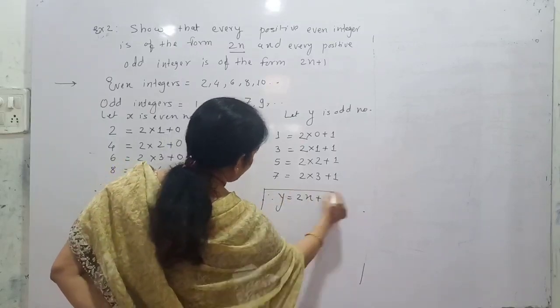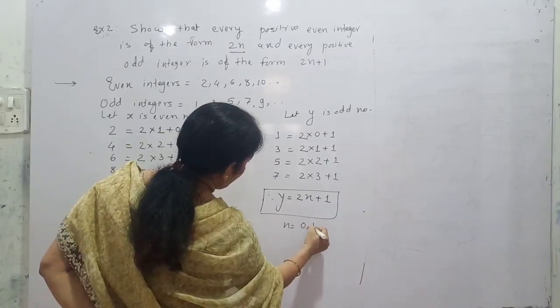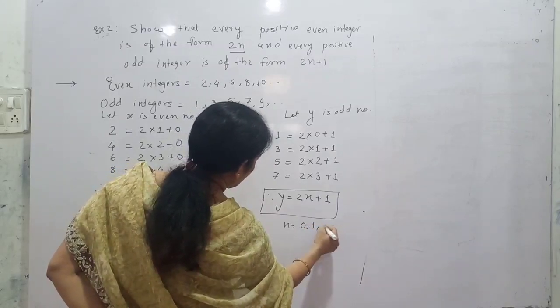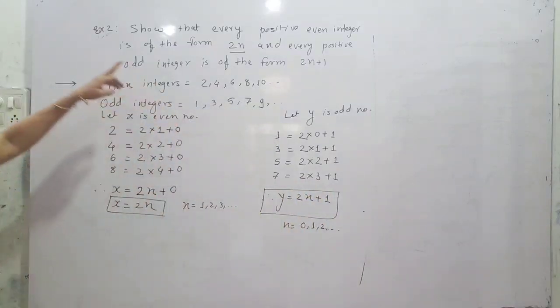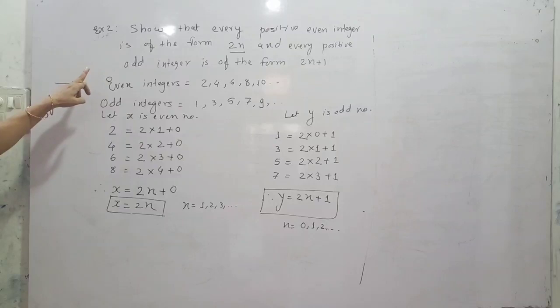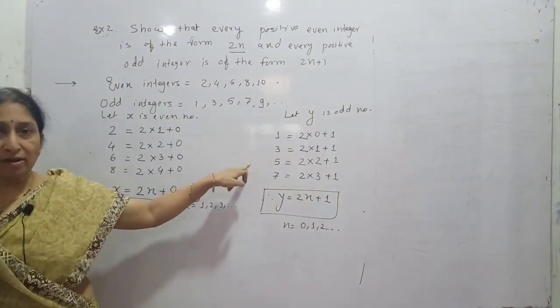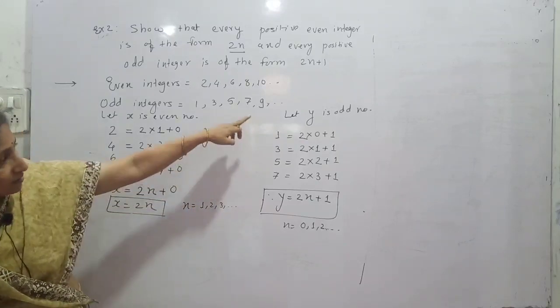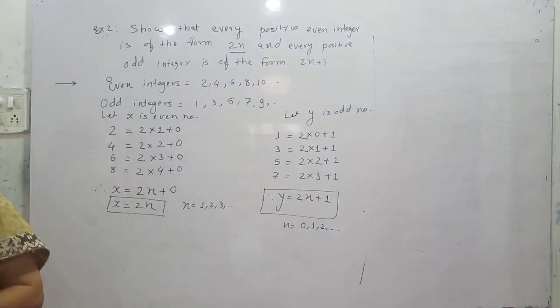Here n is equal to the whole numbers 0, 1, 2, 3 up to infinity. Hence every positive even integer is of the form 2n and every positive odd number is of the form 2n plus 1.